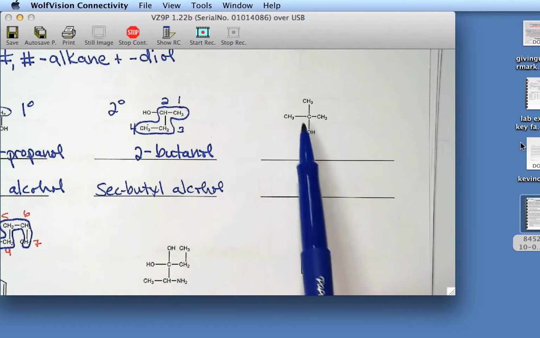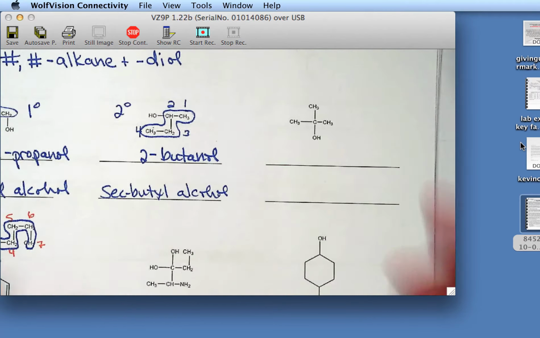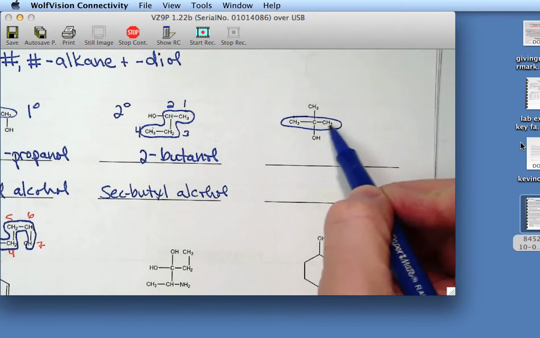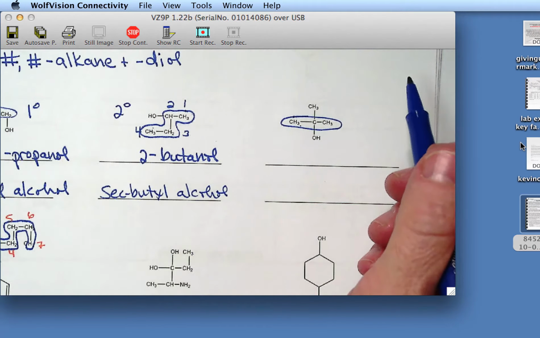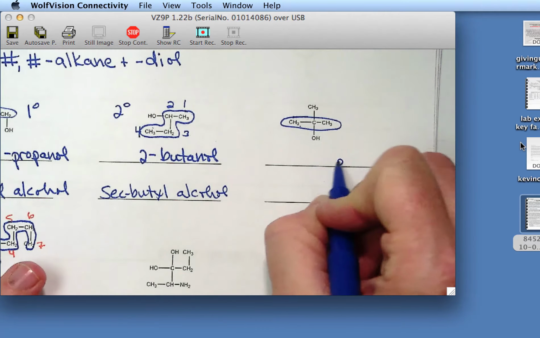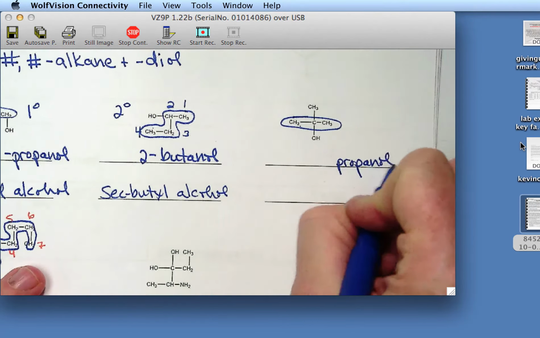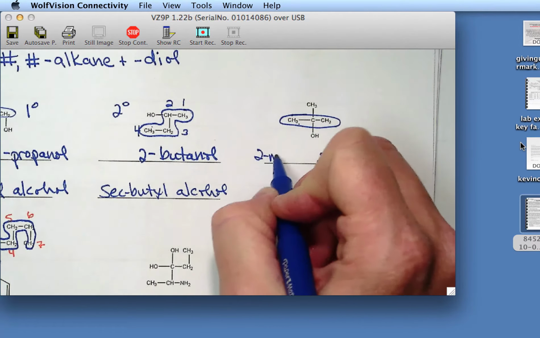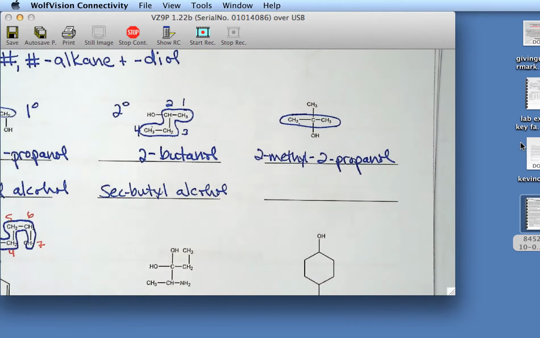Right. IUPAC for this one, longest continuous chain of carbons is 3. 1, 2, 3. So it's propane, propanol, 2-propanol. 2-methyl, 2-propanol.